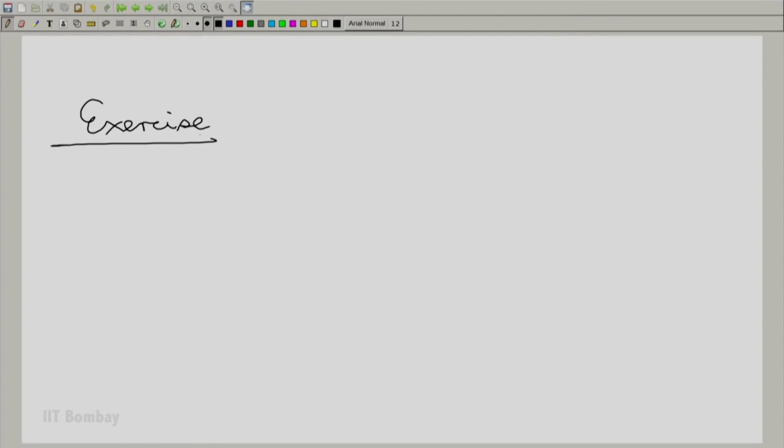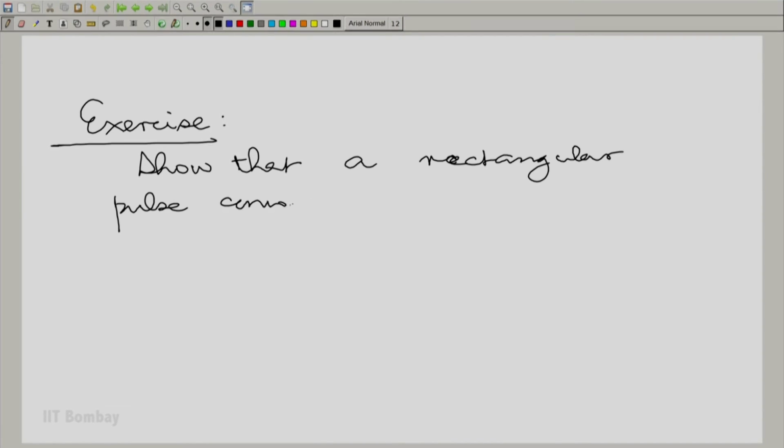In fact, let me give you an exercise in that direction. Show that a rectangular pulse convolved with a sin x by x or sin y by y, whatever you want to call it, sin y by y pattern.